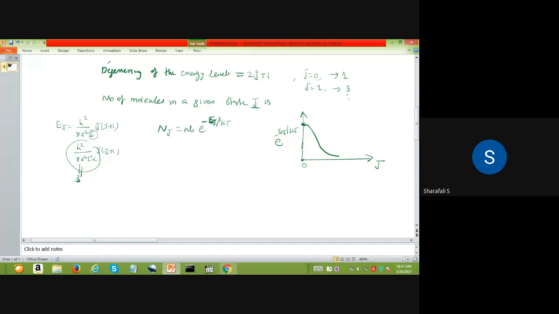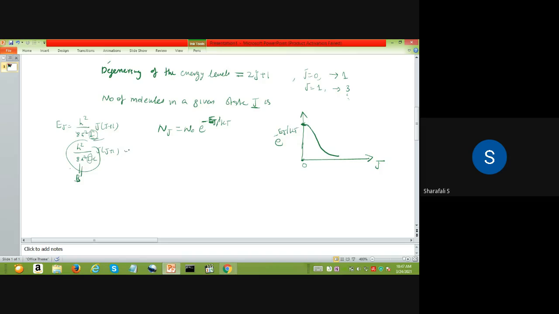So with different I, we have different B, which means that if you are having different molecules, you'll be having different moments of inertia correspondingly, and that moment of inertia will change your value of B, and also it will change your value of this energy.